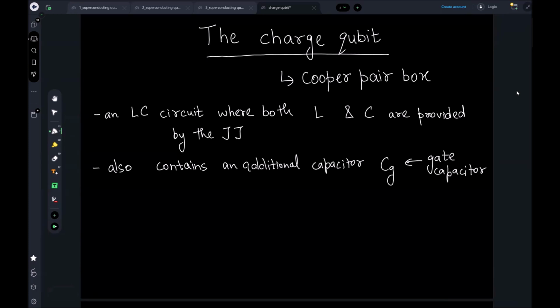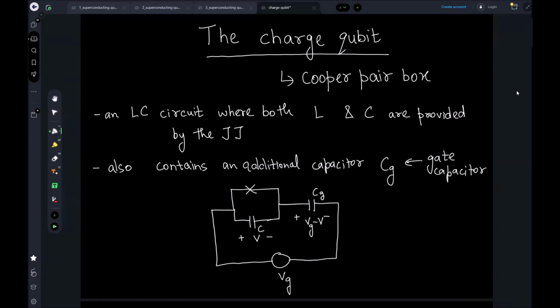Now, if I draw the circuit figure here, this is what the circuit of a charge qubit looks like. And the voltage source VG is known as the gate voltage. And I have already mentioned that this capacitor is called the gate capacitor.